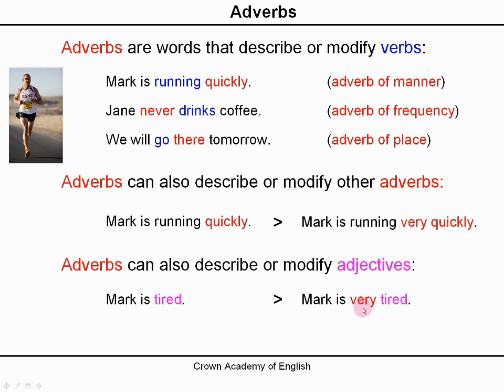So here the adverb very is describing the adjective tired, very tired. The car is expensive. The car is too expensive. Okay? So adverbs, they can modify verbs, adverbs, or adjectives.